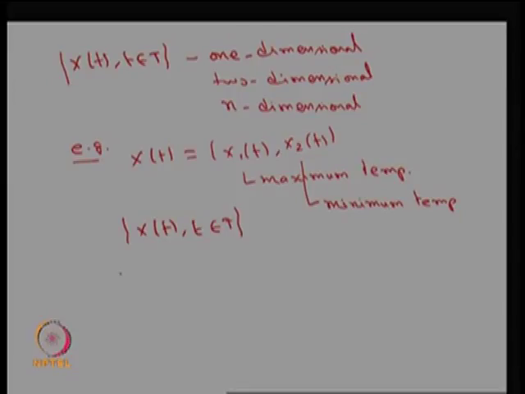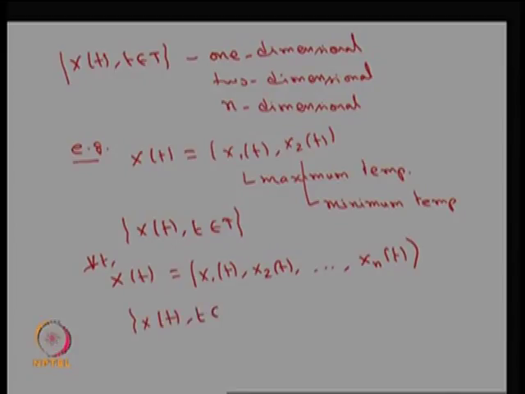Therefore, in general you can define an n-dimensional stochastic process where for every t you have a random vector x of t, that is going to be x1 of t comma x2 of t and so on. The nth element is xn of t, that is going to be an n-tuple in which each one is going to be a random variable for fixed t, and this is going to be an n-dimensional stochastic process in which each one is a one-dimensional random variable for fixed t.